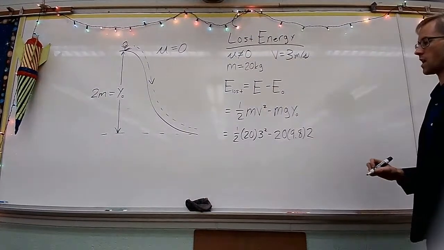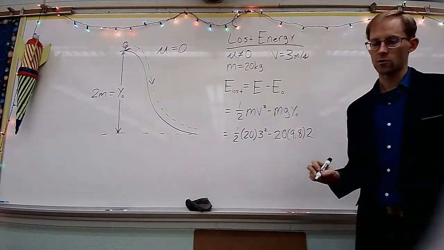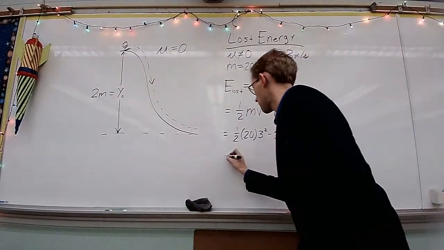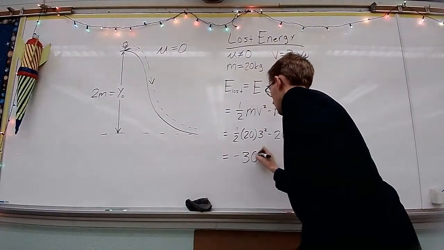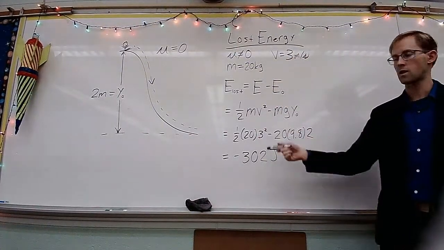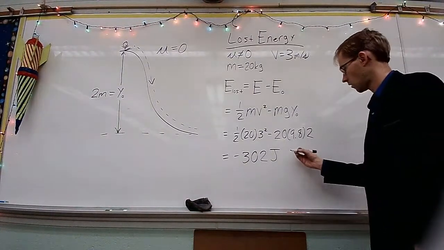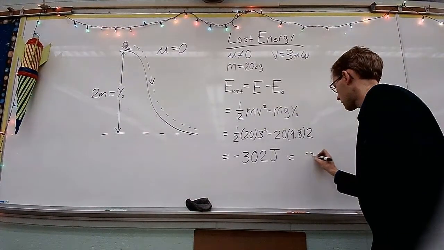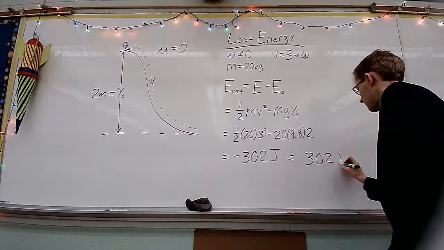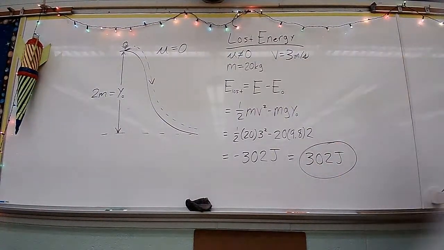And when you do that math and you plug it all into your calculator, you should get negative 302 joules, which just means that that's how much energy was lost from beginning to end. Of course, energy is a scalar, so we don't need to call it negative. 302 joules were lost in this scenario.